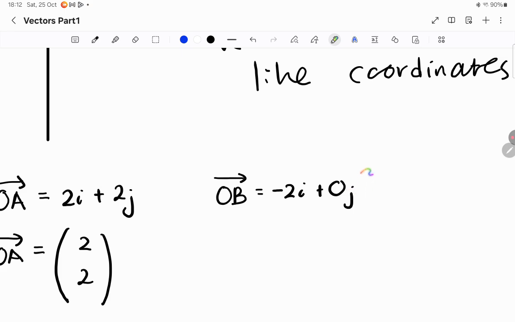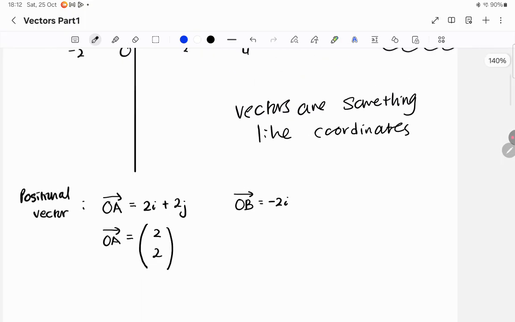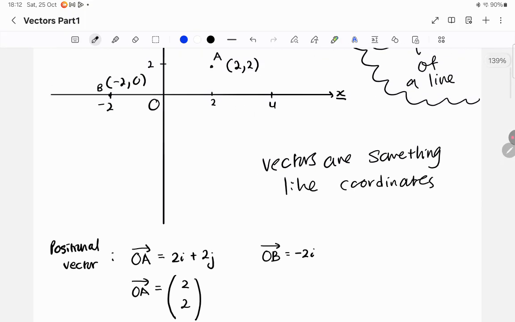However, whenever you have a 0 as a component, you can often just neglect it. So you could just write -2i, which reads as -2 units in the x direction.